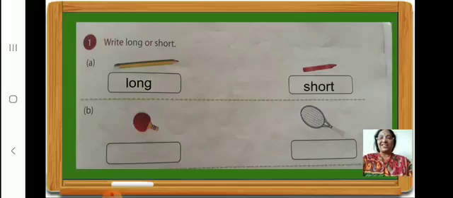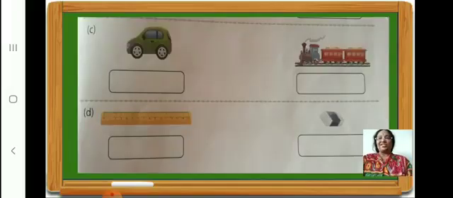Now let's do question B. Here children, the bat on the left hand side is short and the bat on the right hand side is long. Now children, let's do question C. The car on the left hand side is short.